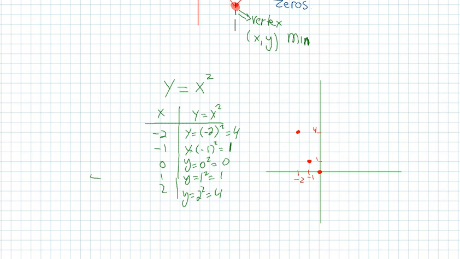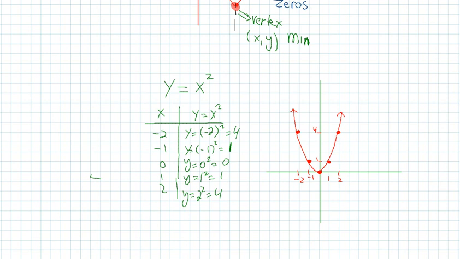And 2, 4. So I'm going to join these points together. What shape do I have? A parabola shape. Right?